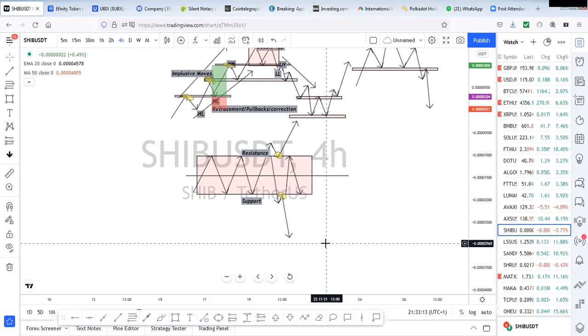Some people like ranging markets, so it all depends on your strategy. Some people like trading ranging markets as their strategy. Like me, I don't like ranging markets. I like trending markets. You understand? So, ways to trade ranging markets.